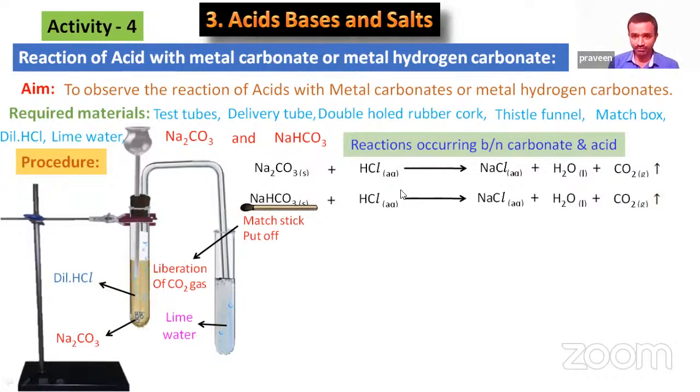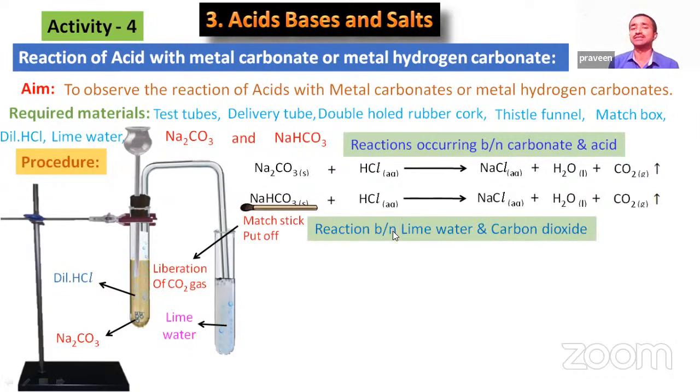Okay, so from these observations you are able to generalize the reaction between the carbonate and HCl. But before that, one more thing we observed here. What is that? The gas was transferred into the lime water.